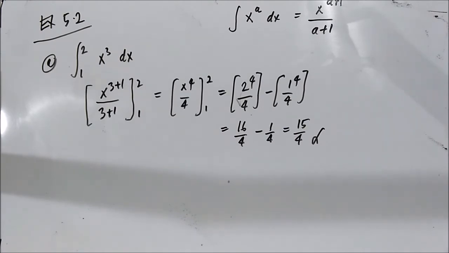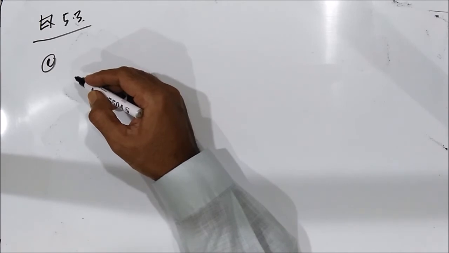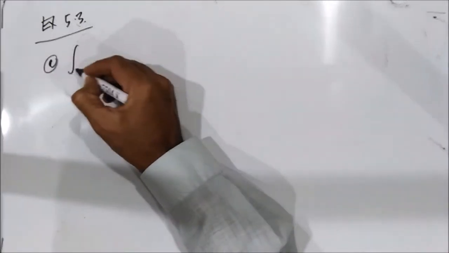Now look at example 5.3. So I want to find the integration in example 5.3, from 1 to 4.